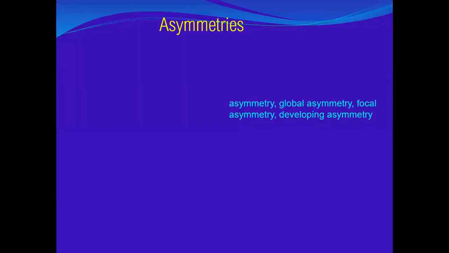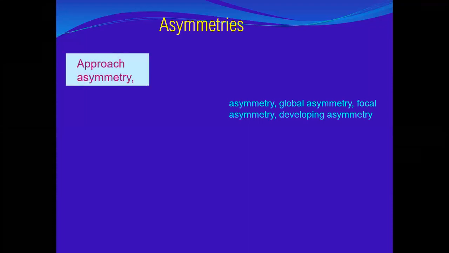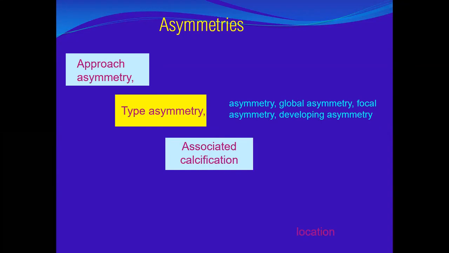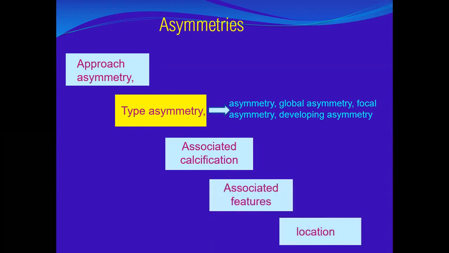So, the approach to asymmetry is to define the type of asymmetry as we described: asymmetry, global, focal, developing. Then go for associated calcifications, associated features, and then location.